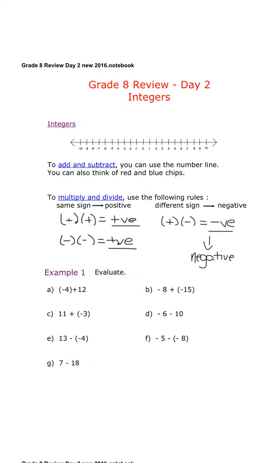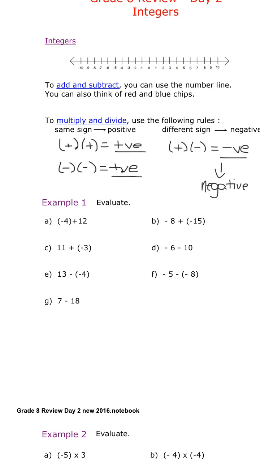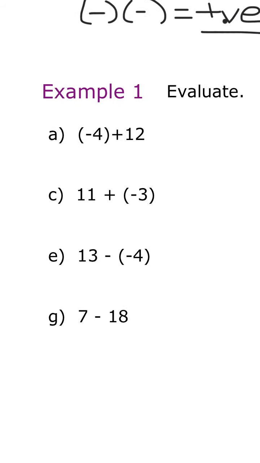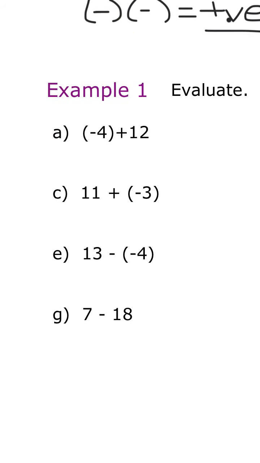So let's look at a couple of questions evaluating using subtraction and addition, but also you have to think of some of the multiplication rules as we go through this. So negative 4 plus 12.